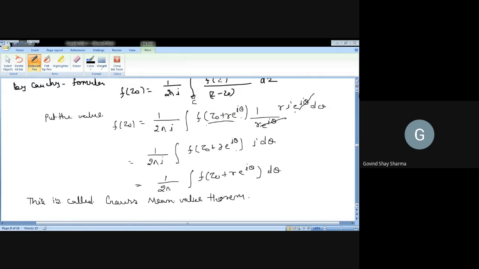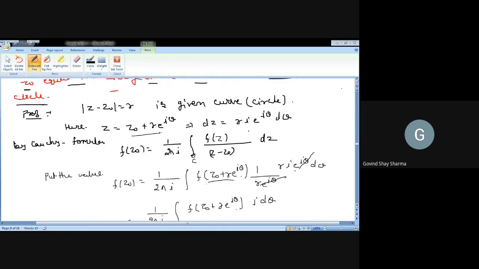This is called mean value. Again we will see that, given that on a circle, we take |z − z0| = r and z = z0 + r e^(iθ).